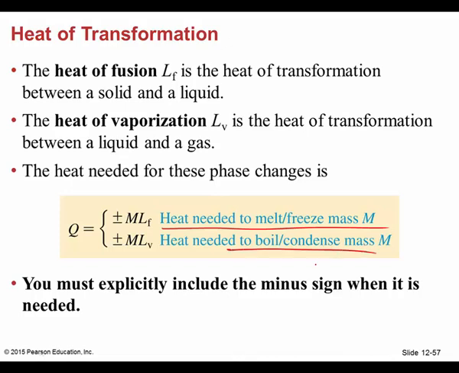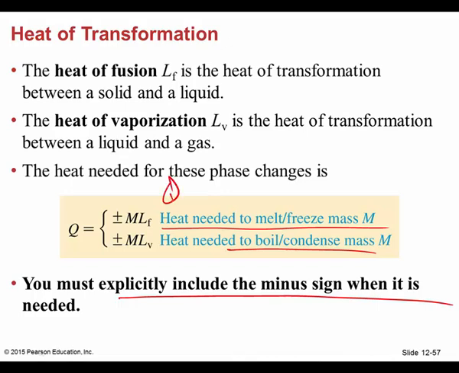And to boil or condense, again, if you want to boil it, you're adding. If you want to condense, you're taking away. And notice that there's no temperature involved, okay? No temperature involved, very important. And notice that sign is very, very important. You have to keep up with which way you're going. If you're adding, it's positive. If you're taking heat away, it is negative. All right? Very, very important. So you need to keep up with that, all right?